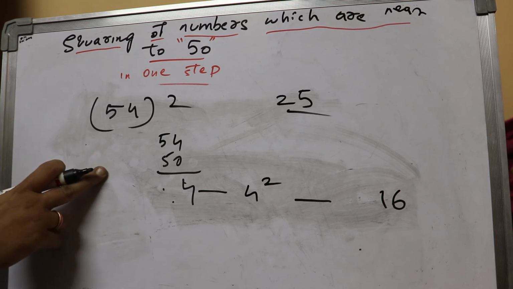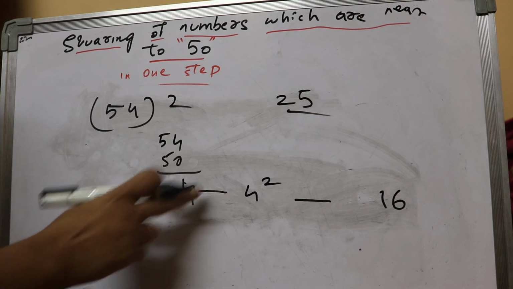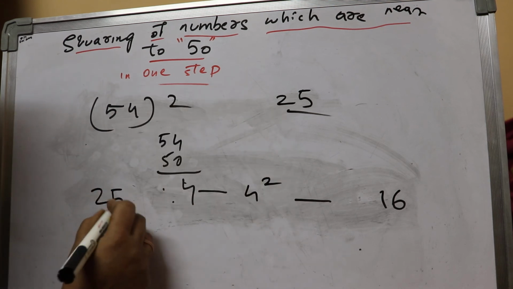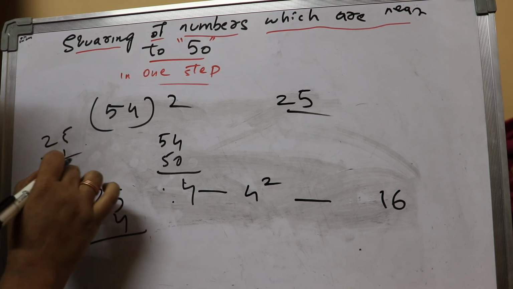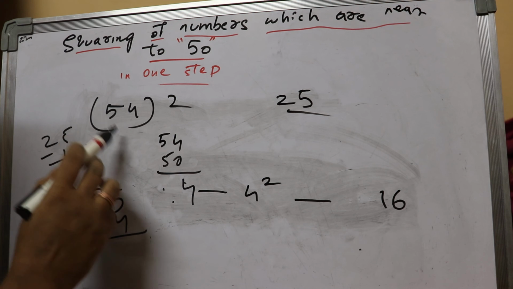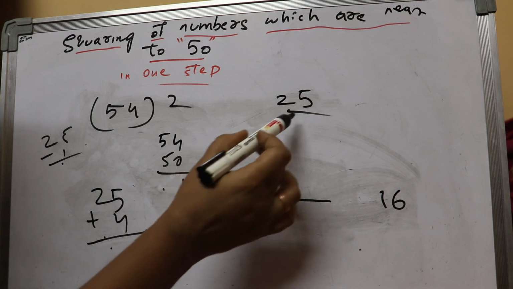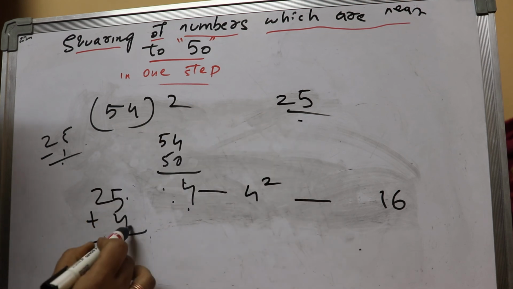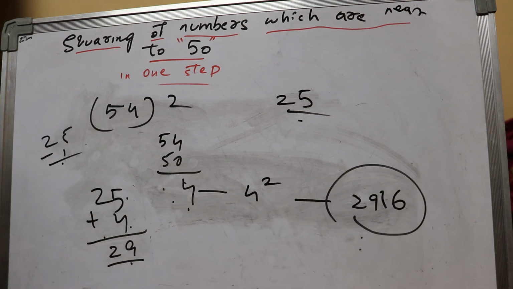So in this case, we need to add this 16 to 25. Previously we subtracted, right? But here the number is above 50, so we have to add this square to this number. So 25 plus 16, how much? It is 41. So write this 41 here. Simple. This is the square of 54.